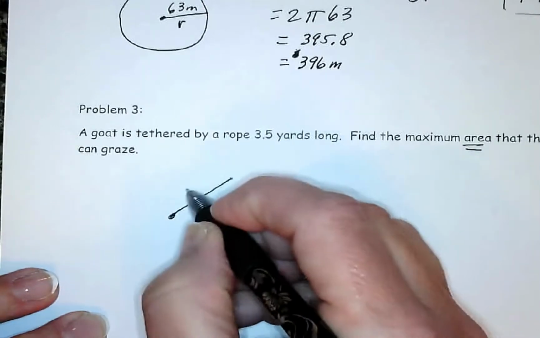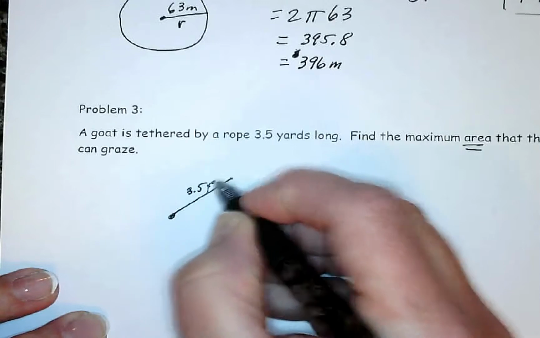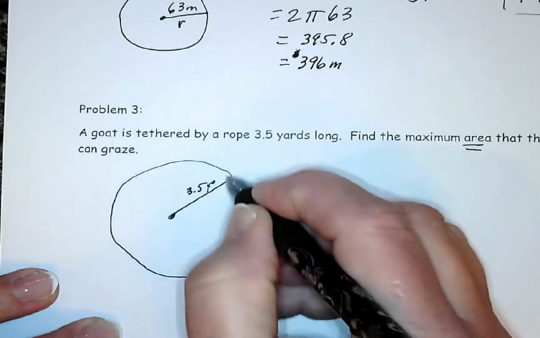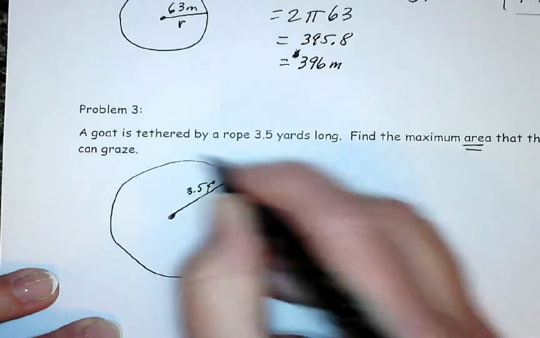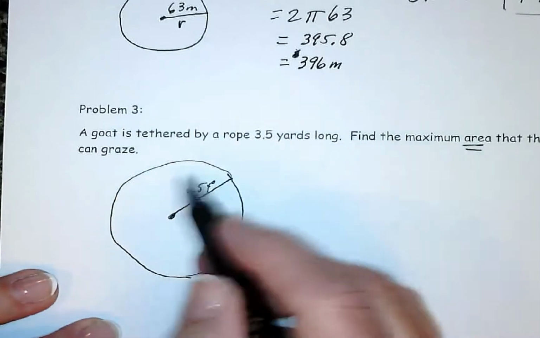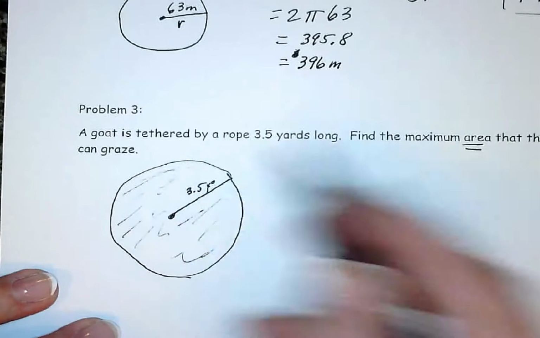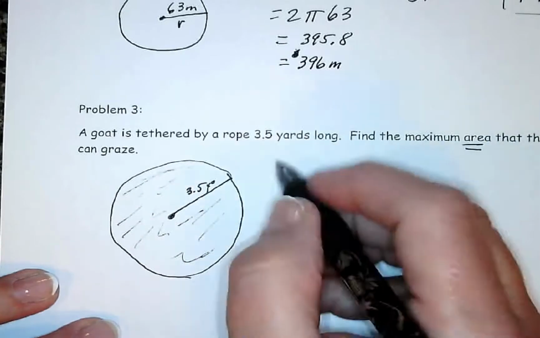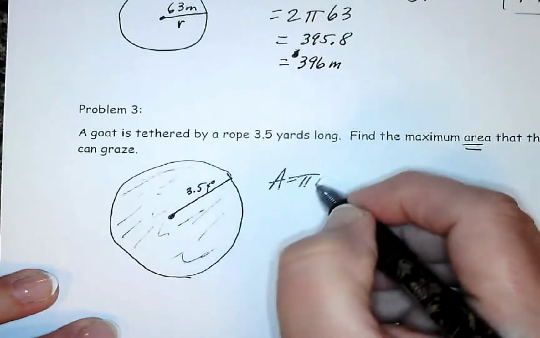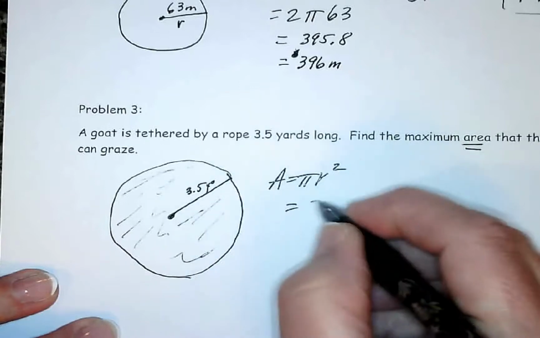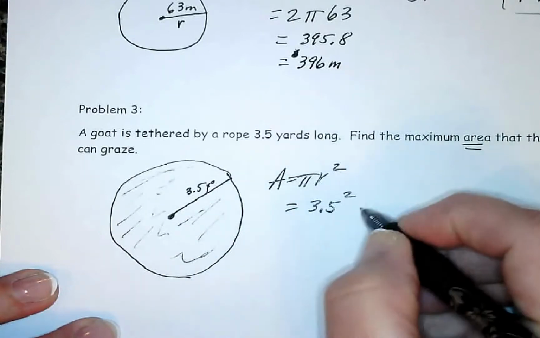The rope is 3.5 yards long, and that goat can go all the way around in a circle here. Okay, so it wants to know how much area can that goat graze? How far can it go? So that's area, pi r squared.